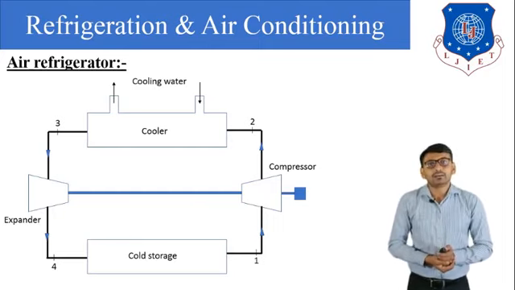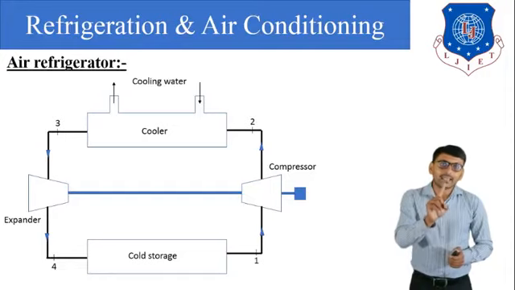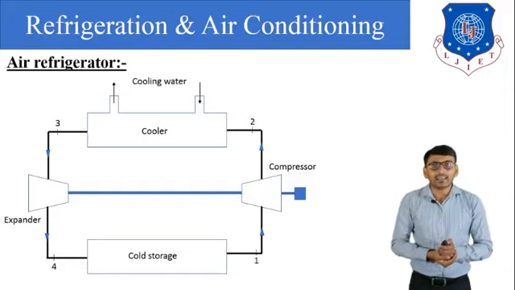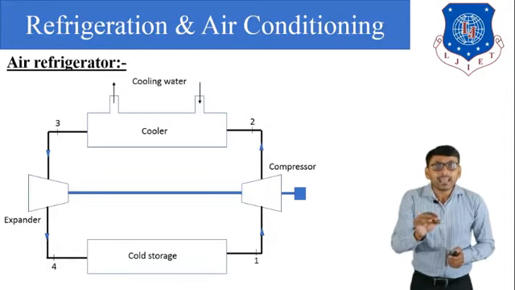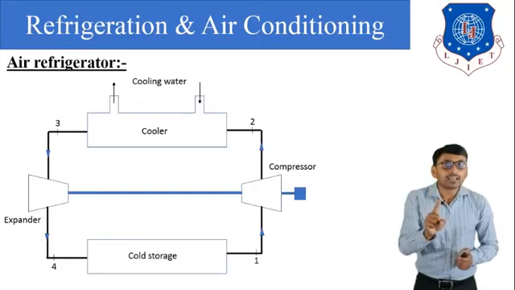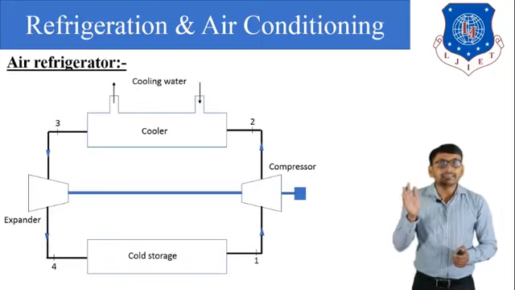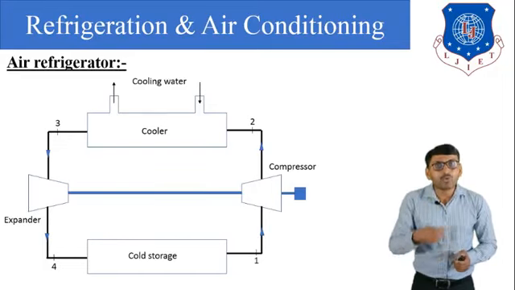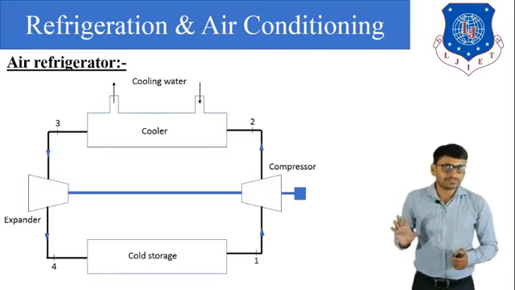At point 4 there is low pressure, low temperature air, then this air is transferred into cold storage and absorbs heat energy from a particular area, so a cooling effect is produced, and then this air is transferred into the compressor and the cycle repeats.